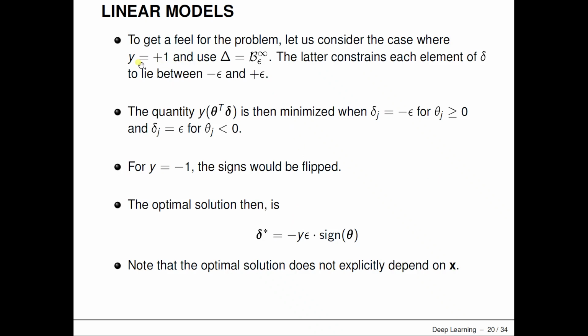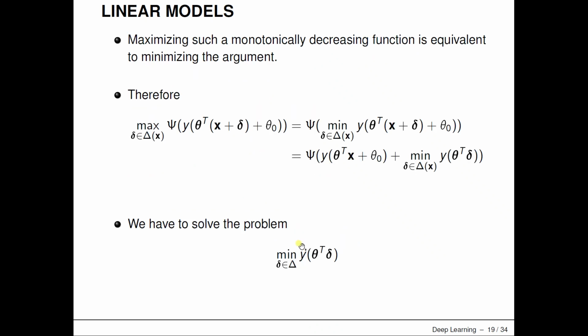Let's first assume that our label is +1 and restrict adversarial perturbations to an epsilon ball, like we were discussing earlier. It means that each element of the perturbation vector lies in between minus epsilon and plus epsilon. Since we assume that y is plus 1, the overall argument, once again, remember this one, will be minimized with each element of delta being minus epsilon if the corresponding weight is positive and plus epsilon if it is negative.